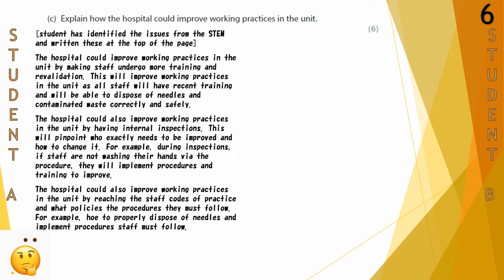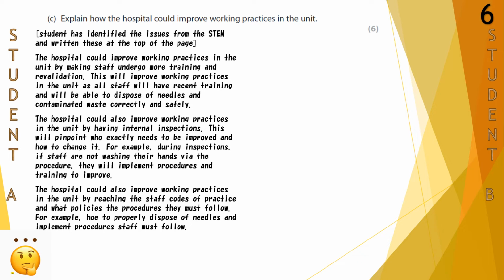So the hospital could improve working practices, staff undergo training and revalidation. This will improve working practices, and they'll be able to dispose of needles and contaminated waste correctly. They talk about having internal inspections to pinpoint what exactly needs improving.